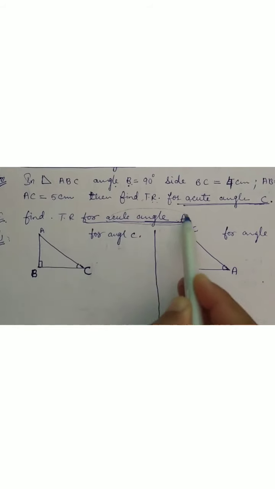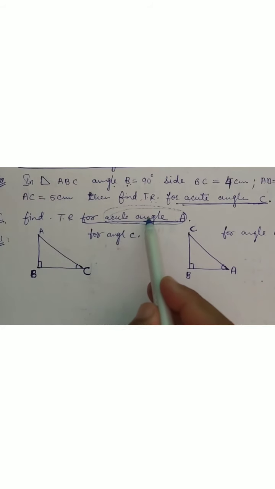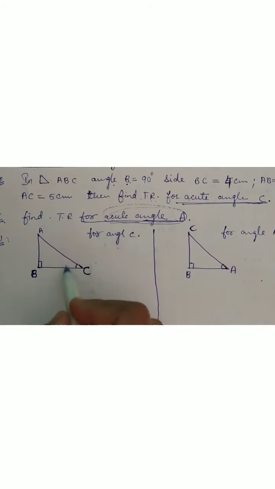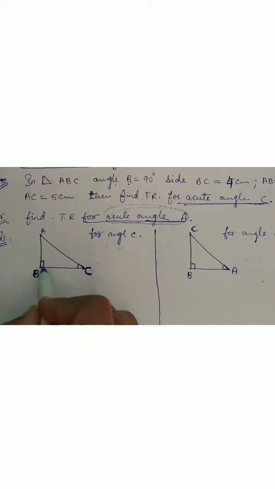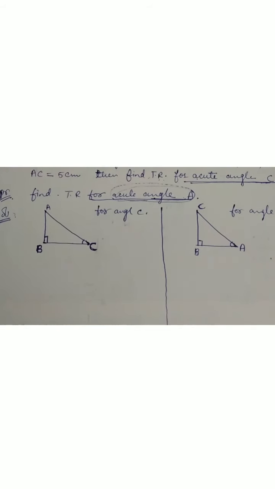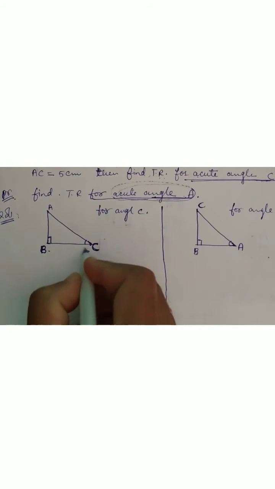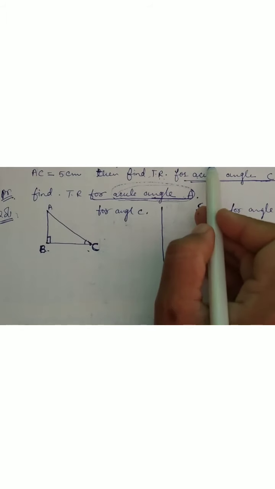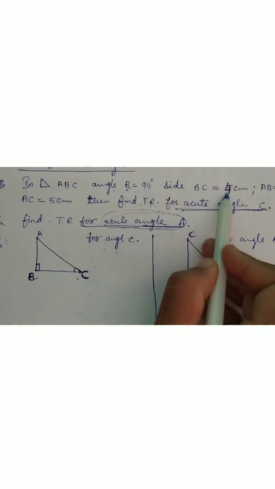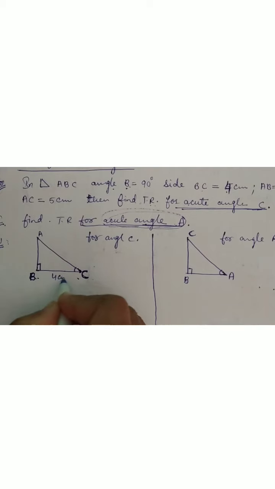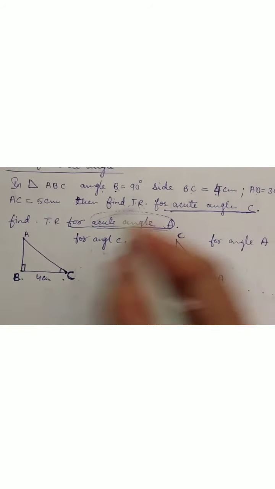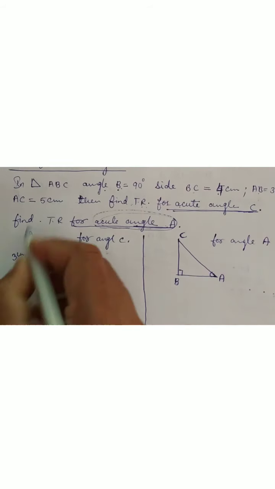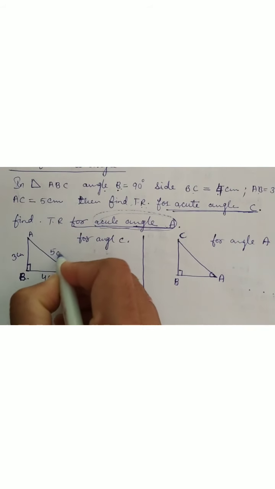The acute angle for which we find the trigonometric ratio must be right here. Now this is the base, and side BC in question is given 4 cm, side AB is equal to 3 cm, and AC is equal to 5 cm.